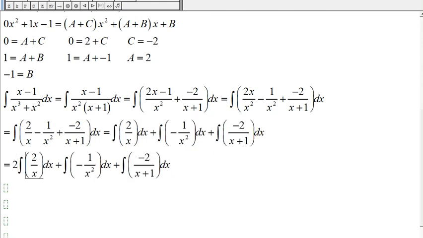So this is the same as 2, and then this will be negative 1, and this will be minus 2. And recall that the antiderivative of 1 over x is just ln of the absolute value of x.